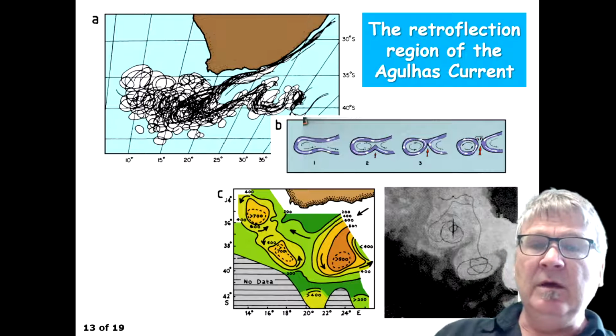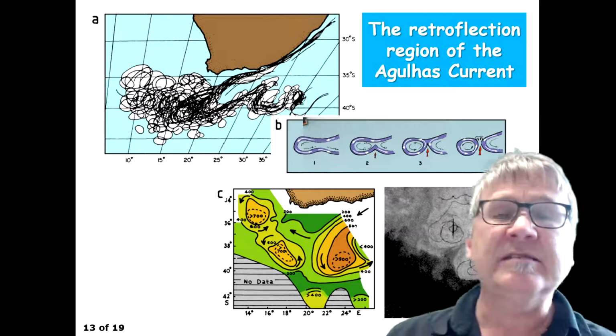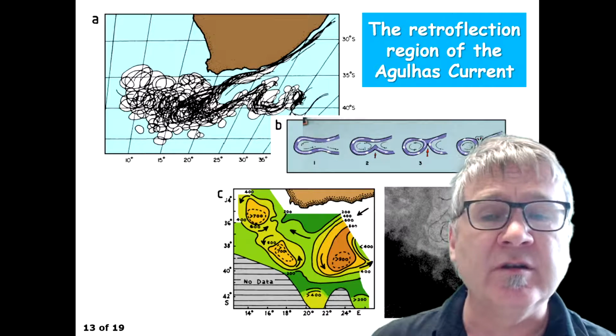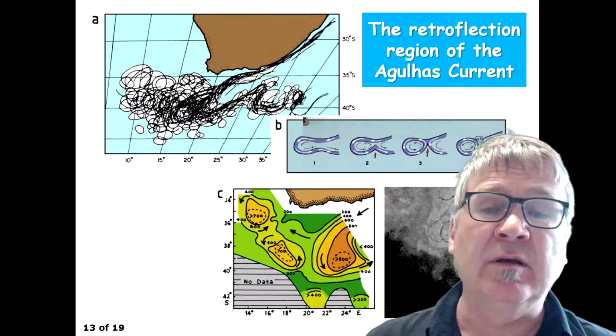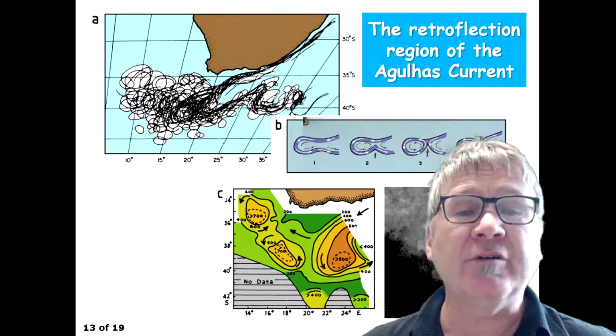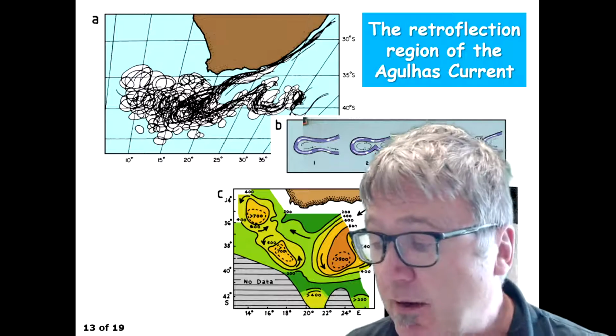Okay. So now the Agulhas current creates upwelling in interaction with a shallow water region known as the Agulhas Bank, which stretches along the southern coastline of South Africa. Okay, so we have a look at that upwelling.